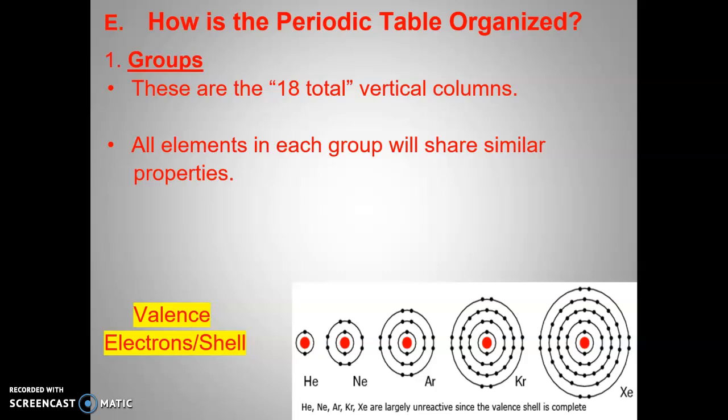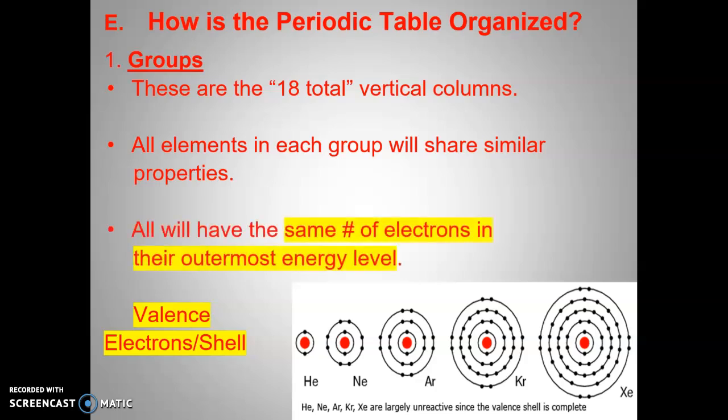So, for example, they'll all have around the same overall boiling point or melting point or ability to conduct electricity. All right, they'll all be similar, not exact, but similar. But for us, the most important piece of information that we're going to need to know is that they will all have what we call the same number of electrons in their outermost energy level.